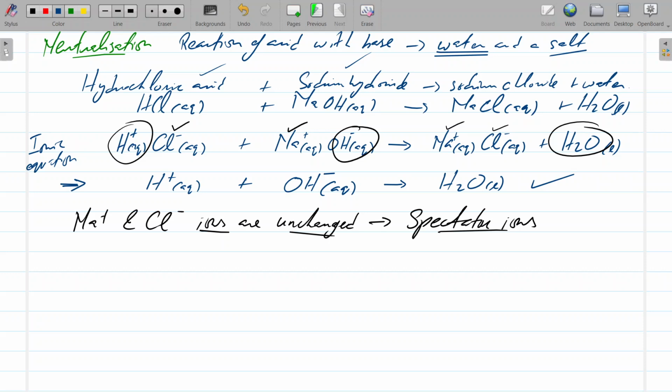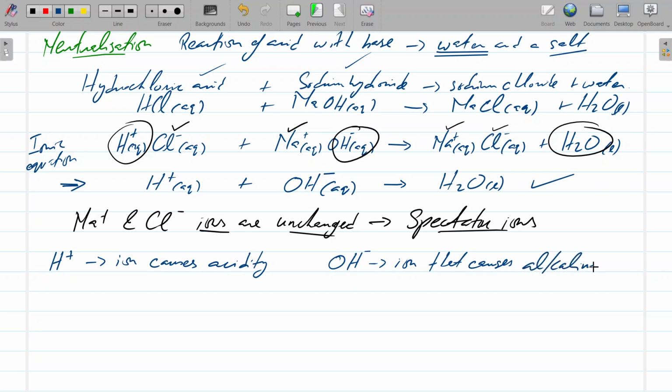And as we mentioned, the H plus is the ion that causes the acidity, and the OH minus is the ion that causes the alkalinity.